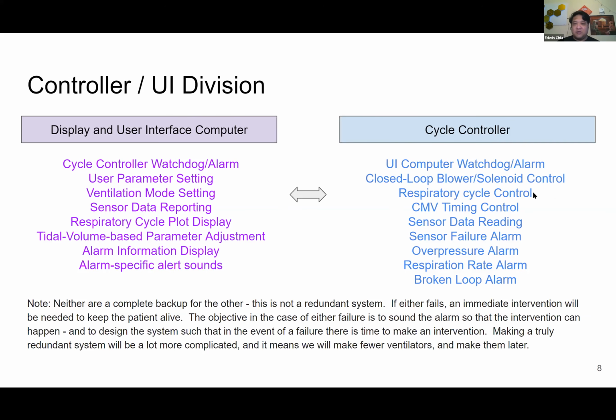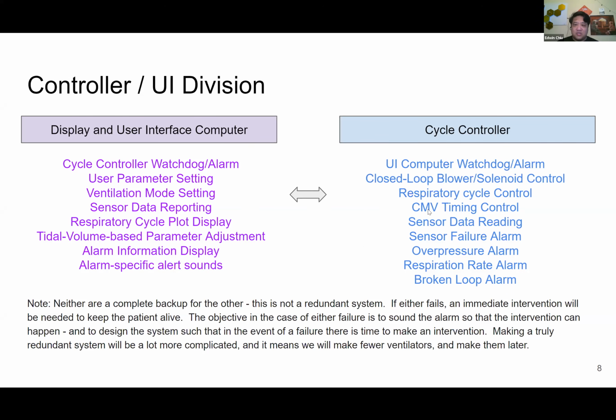It will control the respiratory cycle, so the breathe in and the breathe out, the timing of this, the control of the components, that's handled by the cycle controller, and it's designed to be completely autonomous. So if it stops receiving information from the display computer, the cycle controller should continue operating. It just won't be receiving the changes to those parameters, but the loop will continue to run.